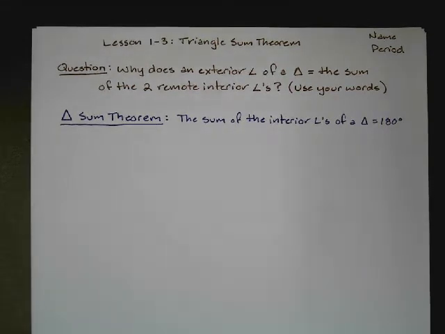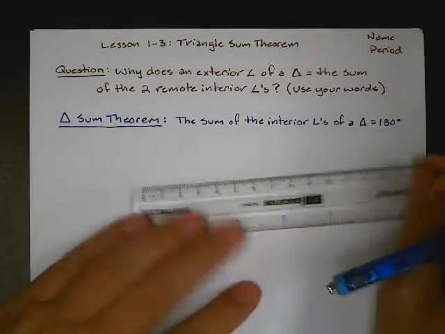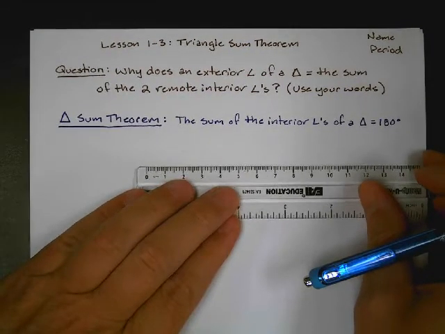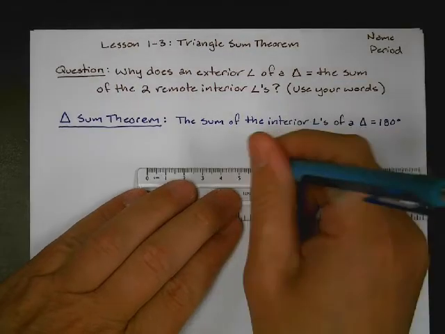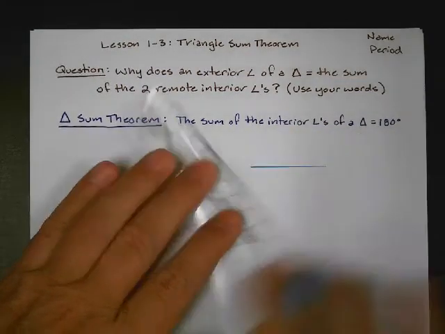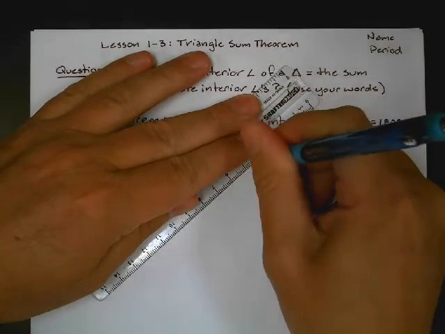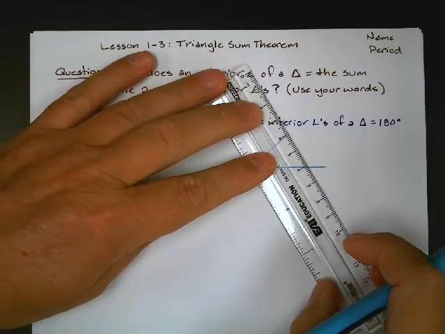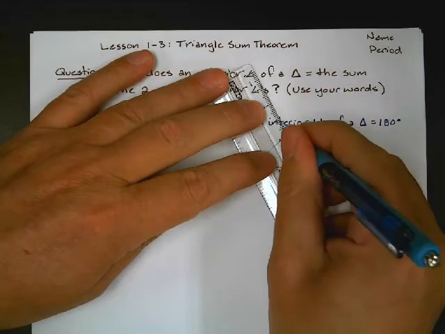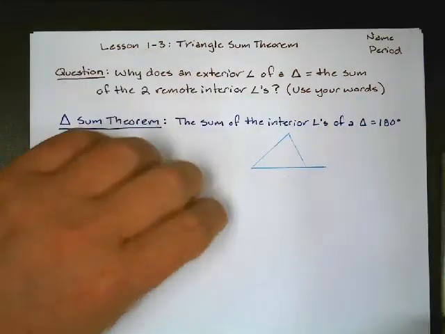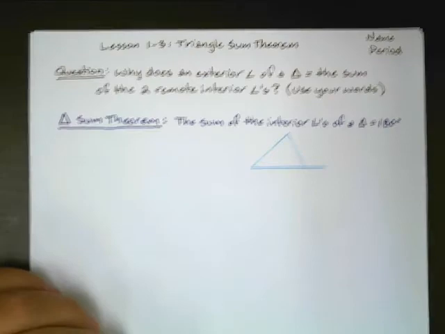Let's do a little bit of a picture here. So I'm going to make a triangle. Now I am going to cut this side short a little bit over here, and you're going to see why in just a second.